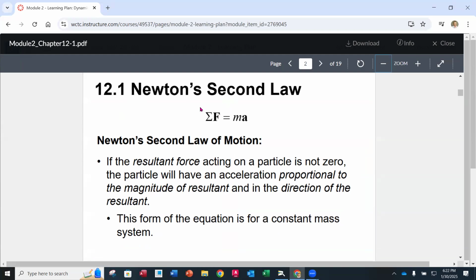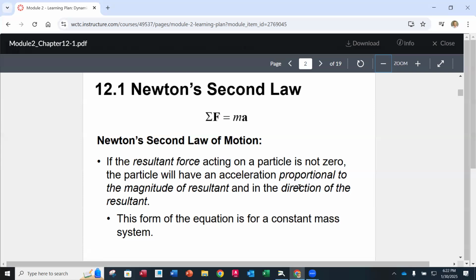If you remember, we used to set the sum of the forces equal 0. Okay, that means that things weren't moving. Now in dynamics, we have it equal to something, and that something is mass times acceleration. Okay, which is Newton's second law. So if there is a resultant force acting on a particle, when we're moving there is, that is not 0, that particle will have an acceleration proportional to the magnitude of the resultant and in the direction of the resultant.